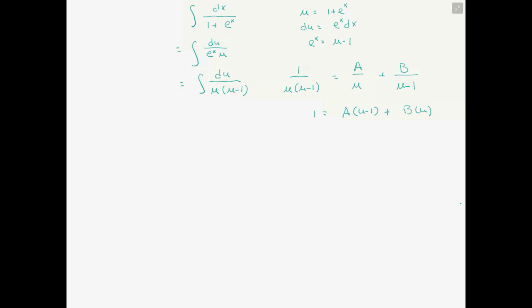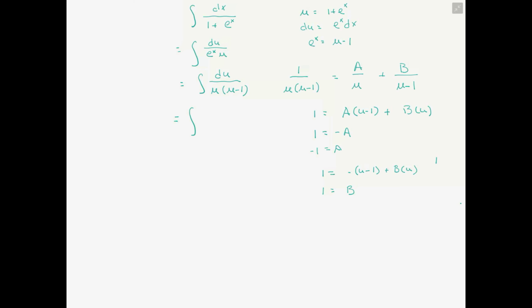If we choose u equals 0, we have 1 equals negative a, so negative 1 equals a. And if we have 1 equals negative u minus 1 plus b times u, if we say u is 1, we have 1 equals b.